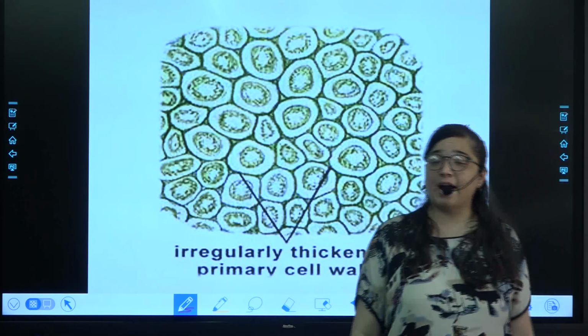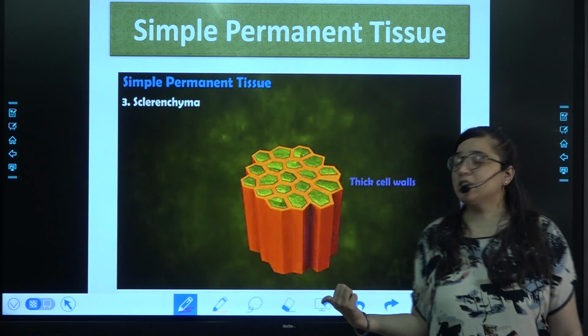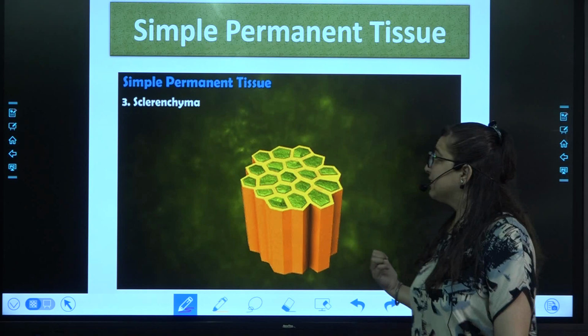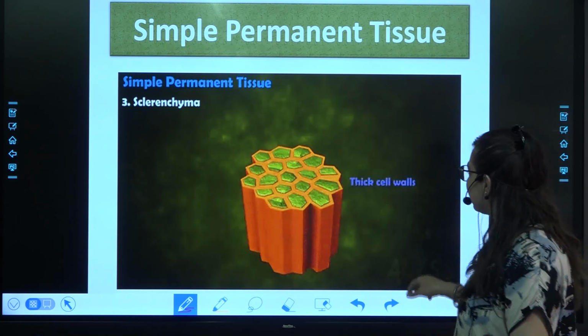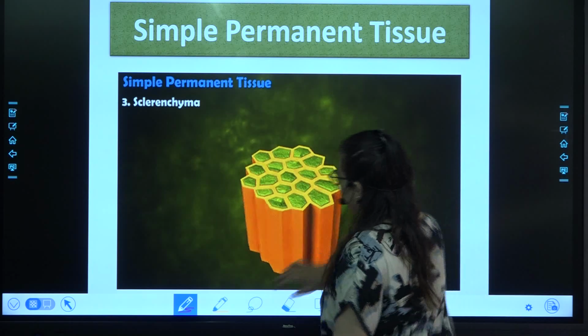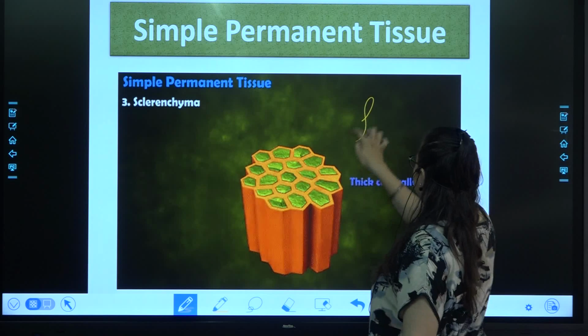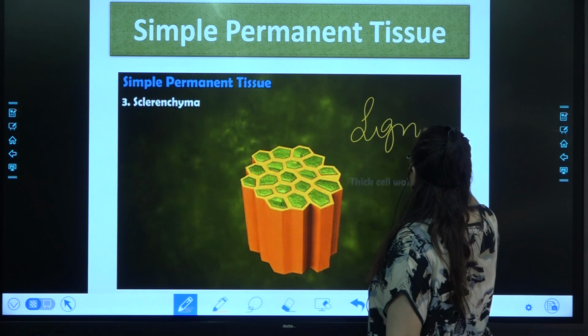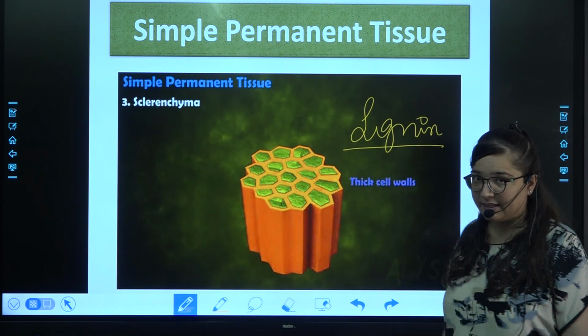Let's have a look at the next type of tissue, that is sclerenchyma. Now you can see over here, sclerenchyma tissue has thick cell walls, and these cell walls are made up of lignin. What are the cell walls made up of? Lignin.